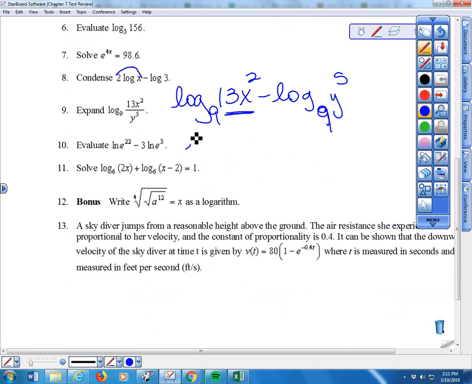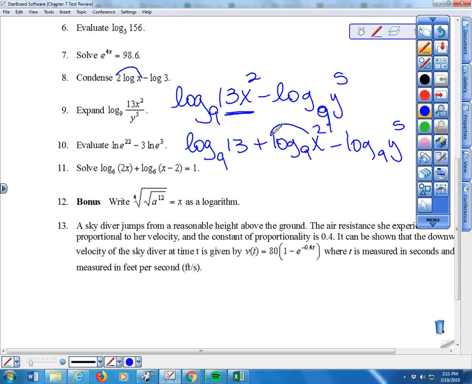So this is log base 9 of 13 plus log base 9 of x squared minus log base 9 of y to the 5th. And now I can bring, actually, log base 9, yes. Yeah, that'll work. Log base 9. So the 2 comes to the front, the 5 comes to the front.